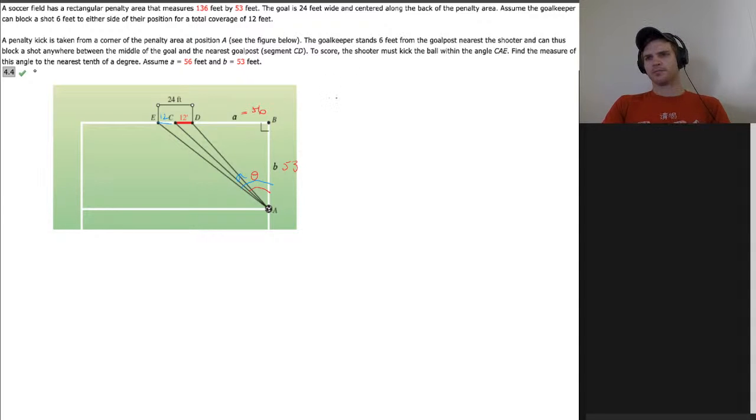So instead of making that big angle alpha, let's make the angle we're looking for alpha. Now we can say the tangent of theta is equal to 12 plus 56, so that's the opposite, over the adjacent, which is 53.